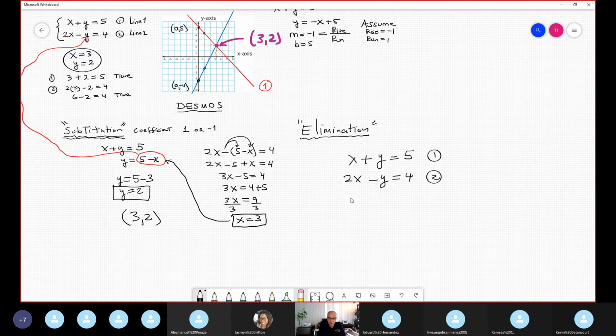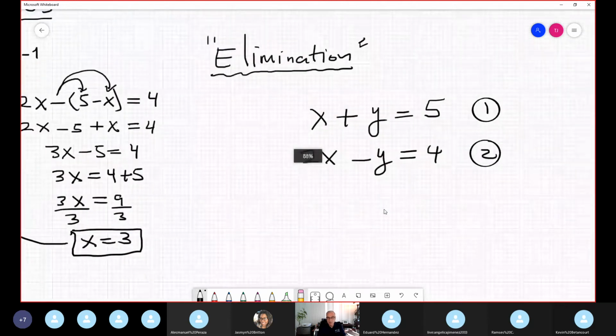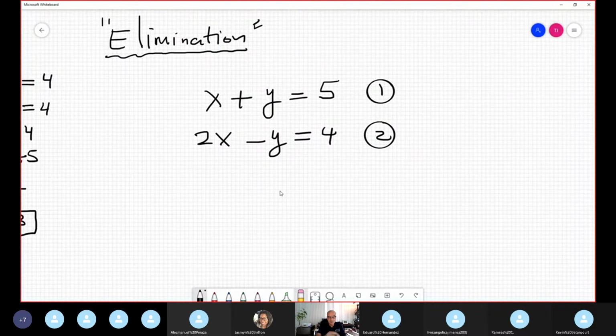Okay, let me zoom to see this equation more clearly. So now you spend 2 seconds to analyze the combination and possibilities for elimination. So what is the idea for elimination? The key idea is, I need to see two terms equal with opposite sign.